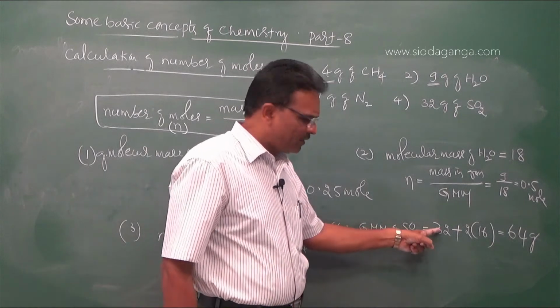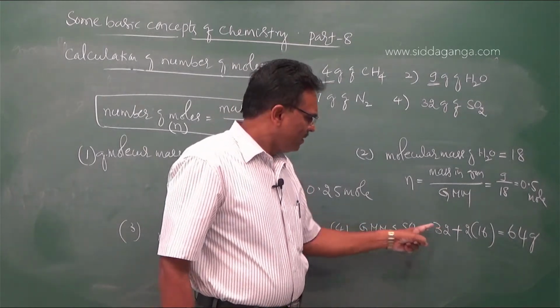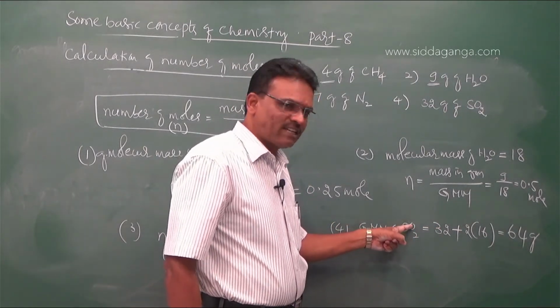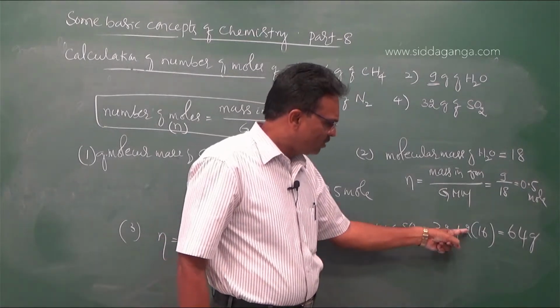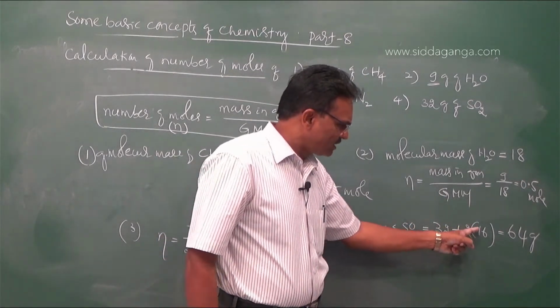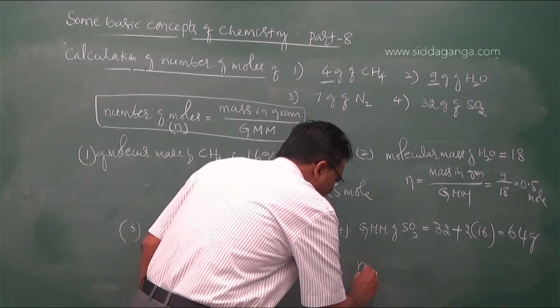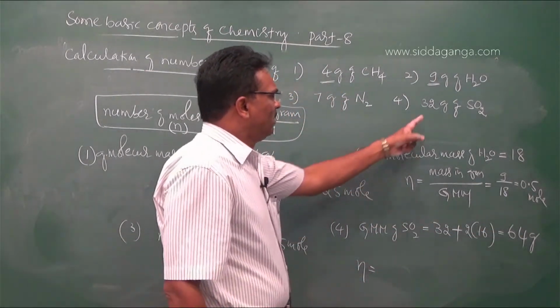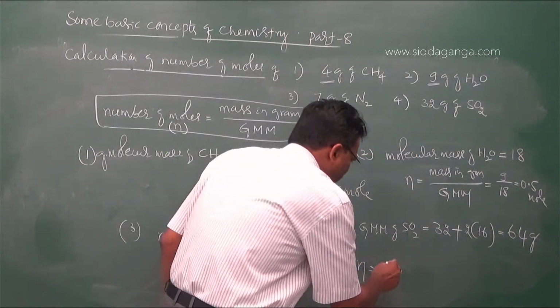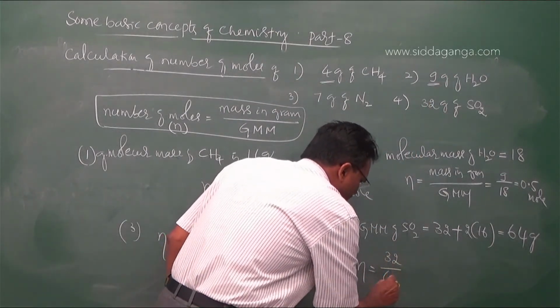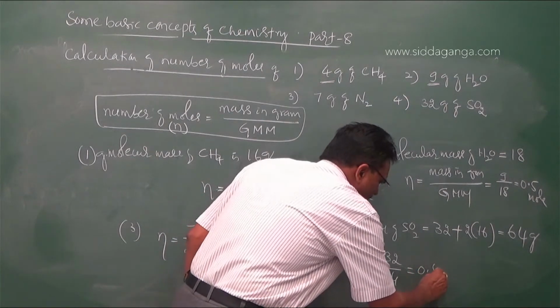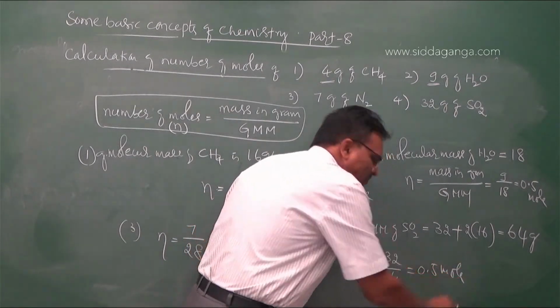Atomic mass of sulfur is 32. Atomic mass of oxygen is 16, but 2 atoms are there. 2 into 16 means 32, plus 32, 64. Hence, N is equal to mass given, 32, divided by 64, which is equal to 0.5 mole. Clear?